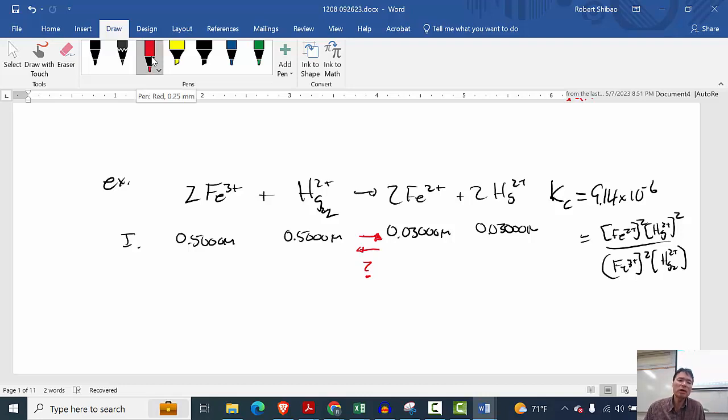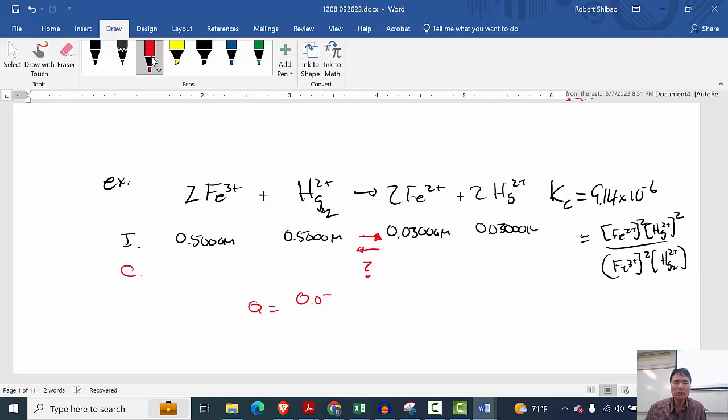So if we're not sure of the direction of the change, how can we figure it out? Well, we can get the direction of the change by calculating Q. Q is going to be the same as K, except we use the initial concentrations, not the final concentrations.